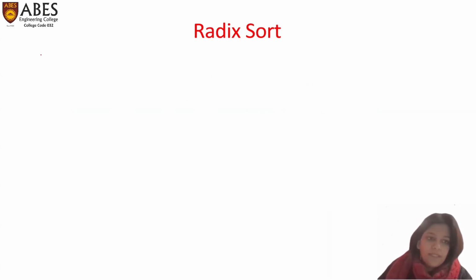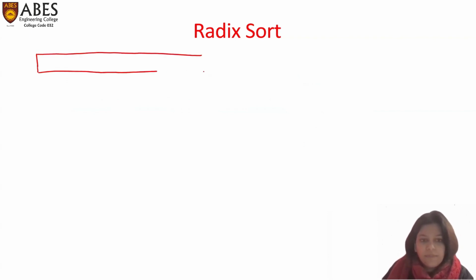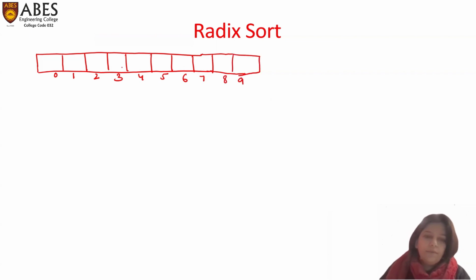To have a better understanding of how this algorithm works, let us take an example wherein we can take 10 different numbers which are stored in an array in unsorted manner. Suppose this is an array and let us take various numbers like 192.